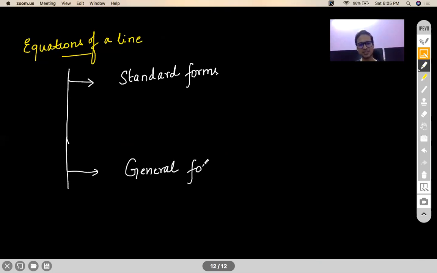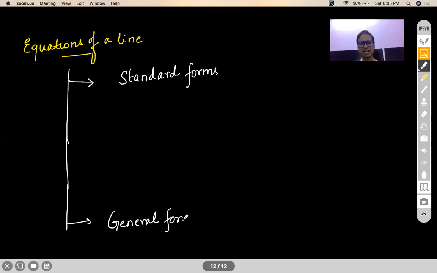Let me write it slightly below this because there are a couple of standard forms. Now, there are several standard forms of a line that you can get. I'll talk about it in some time, but let me just list it down.